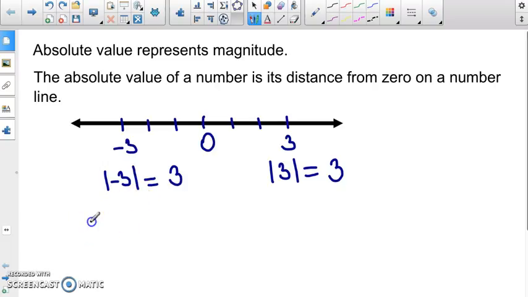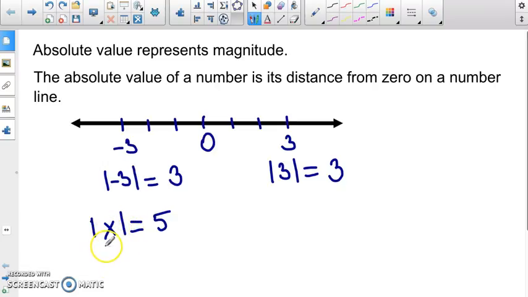So when we see a variable inside the absolute value, let's say this is equal to 5. That means my variable is 5 units away from 0.